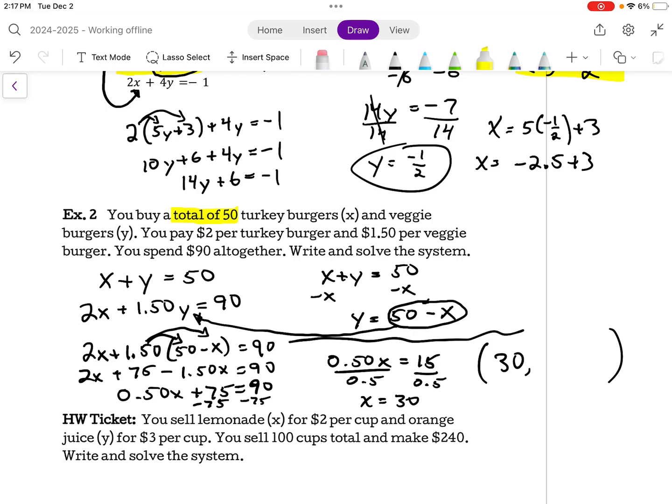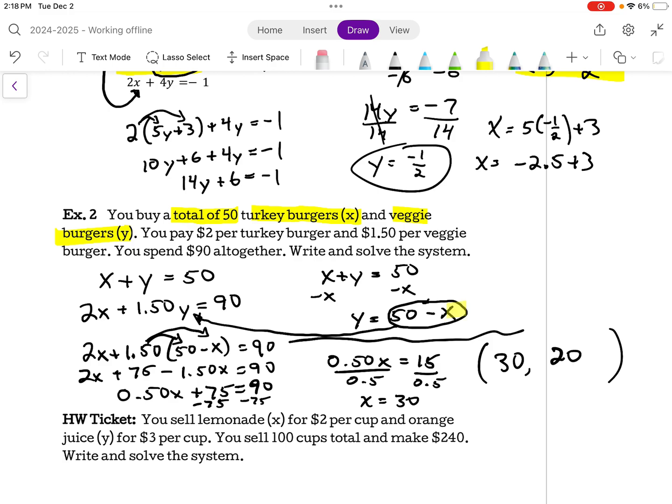So what that tells me is whatever my x value was, which in this case, if we look back at the word problem, the x value was my turkey burgers and the y value is my veggie burgers. So it's telling me that if I buy 30 turkey burgers, then I would have to buy 20 veggie burgers.